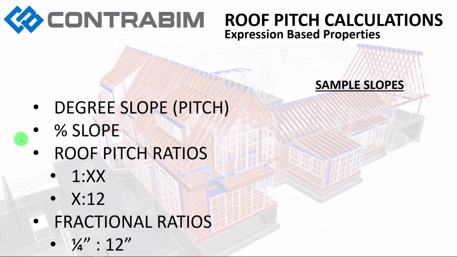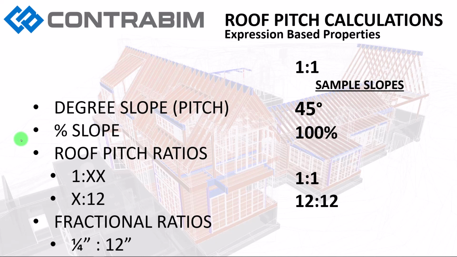So let's take a look at a few sample slopes here. A 1-to-1 roof pitch ratio essentially results in a 45-degree angle. That would be our degree pitch in this case. Our percent slope would be 100%, so we're going up 1 unit for every 1 unit that we're going forward.